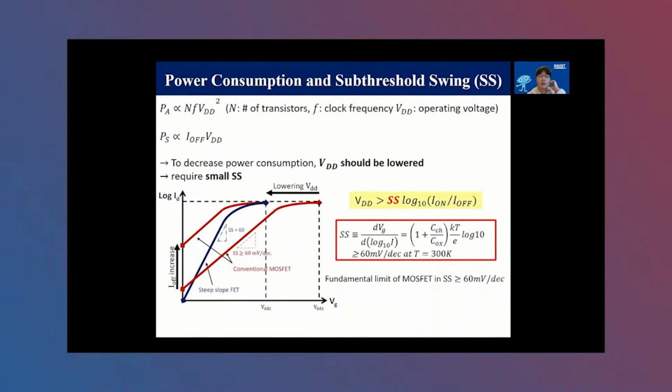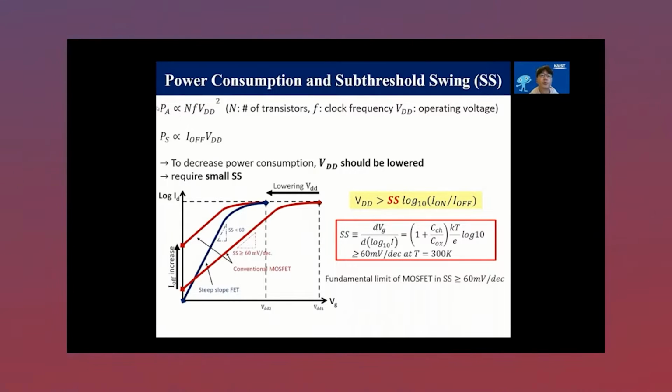The active power consumption is proportional to VDD, the operating voltage, squared, and the standby leakage power density is proportional to the operating voltage.